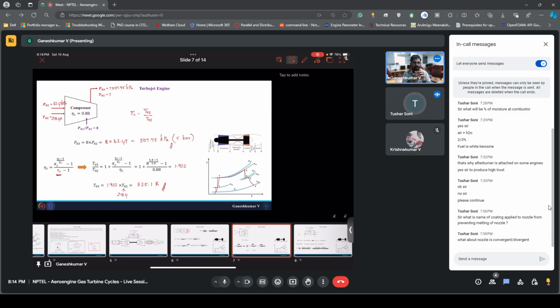Sir, we can see different behavior in a turboprop engine and a turbojet engine. Yes, there is a difference. In a turboprop, you will see a big fan rotating, but the flow is not controlled, right? It is an open fan.